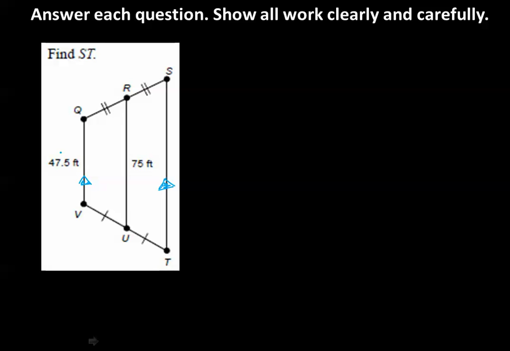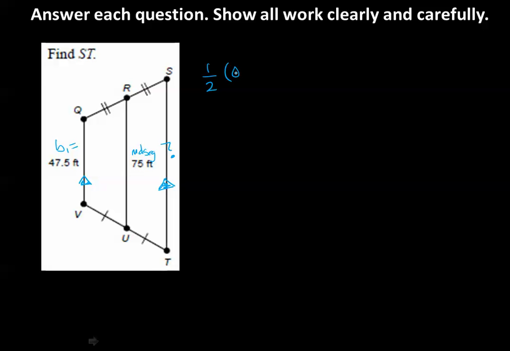And we see here that base 1 is going to equal 47.5 feet. And it says find ST. So this is going to be our midpoint, or our mid-segment. And they want us to find ST. Okay, I would still set my problem up the same way.